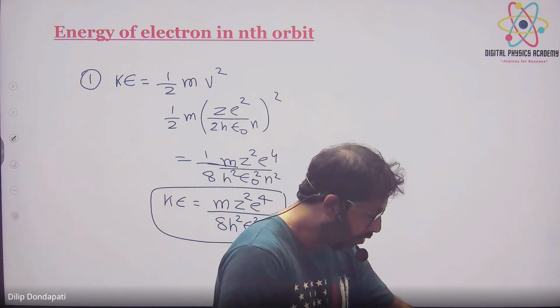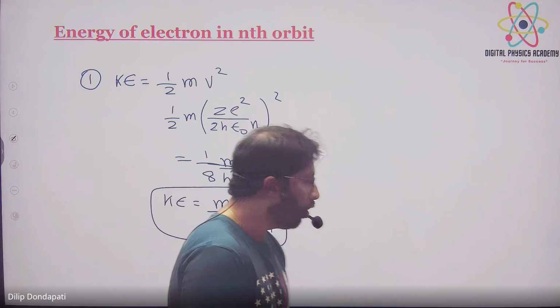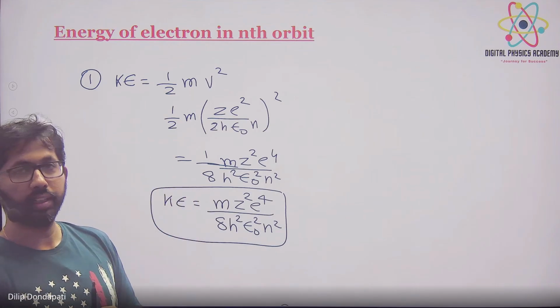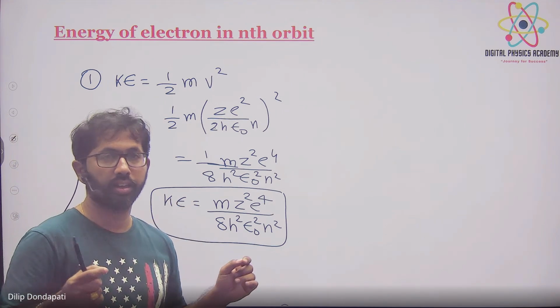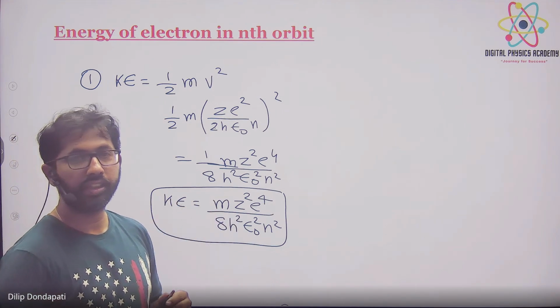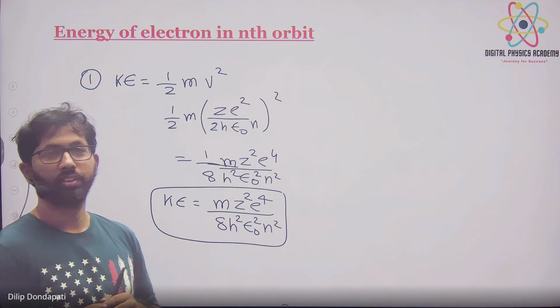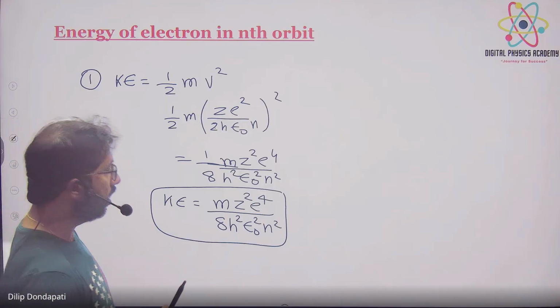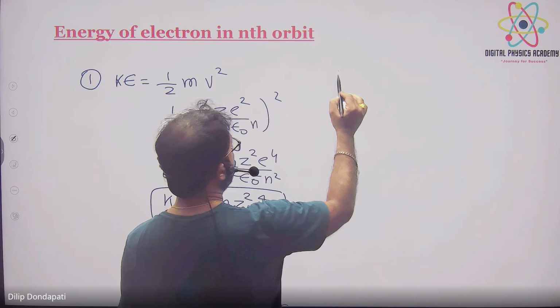Okay. Now we'll calculate the potential energy. You know potential energy between two charges. Electrostatics में याद है? Q1, Q2 separated by distance r. Potential energy कितना? K Q1 Q2 by r is the formula, right? Potential energy calculate करो.